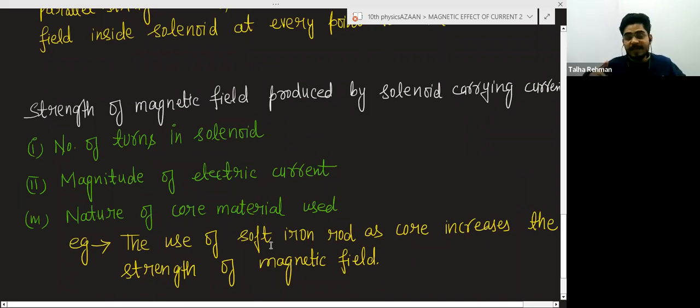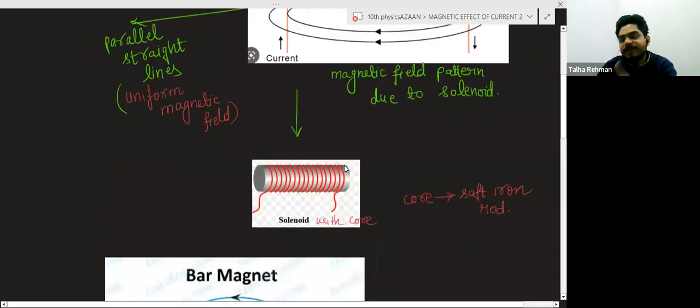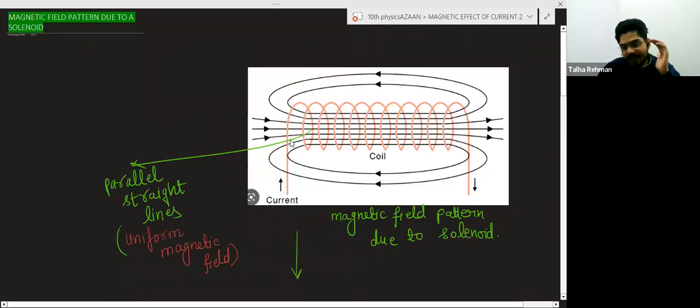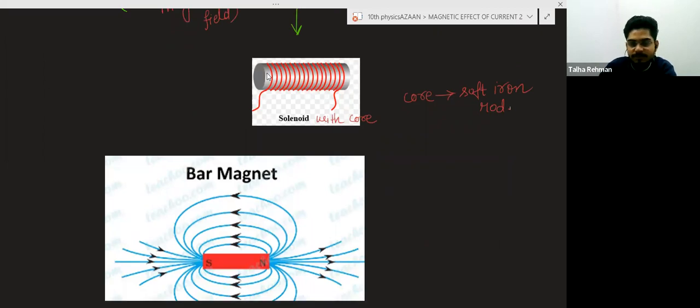If you use a different core material, the magnetic field produced by the solenoid will be different. For example, if you use a steel core, the magnetic field will be somewhat less as compared to the soft iron core.